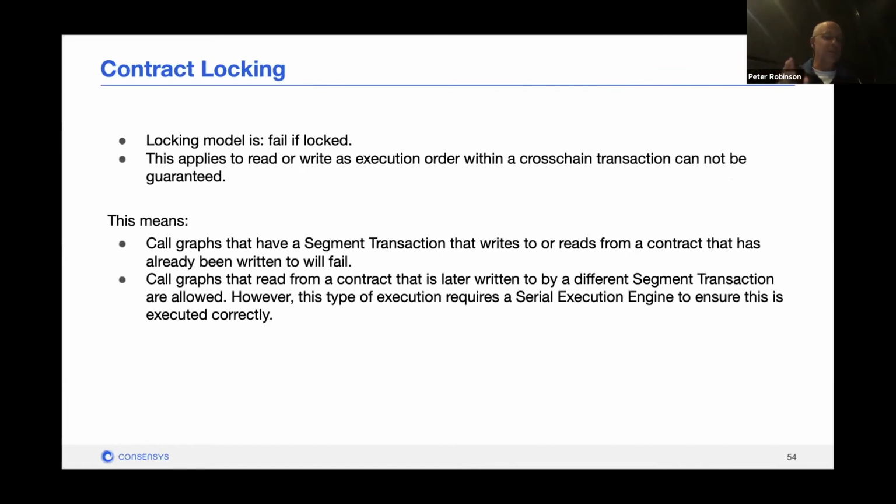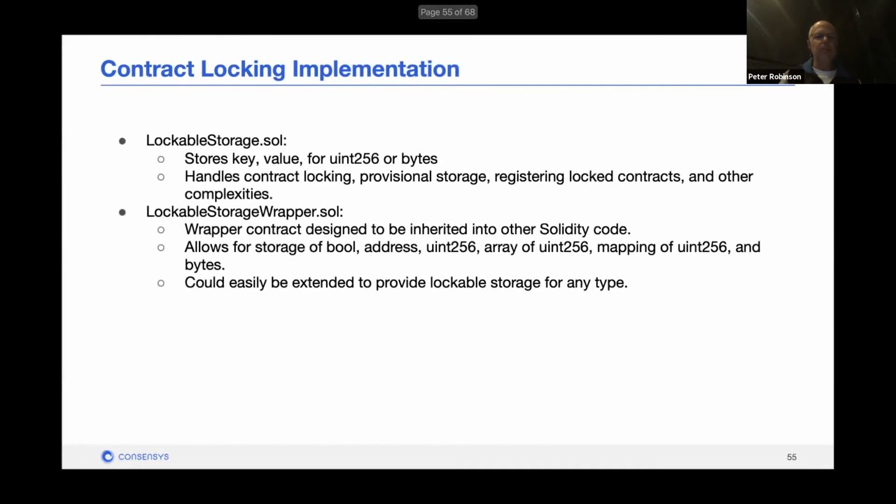The locking model is super simple: it's fail if locked. It means you've got to be careful about execution order, and essentially you want to make sure that you're just reading or then writing. It can be a bit tricky.